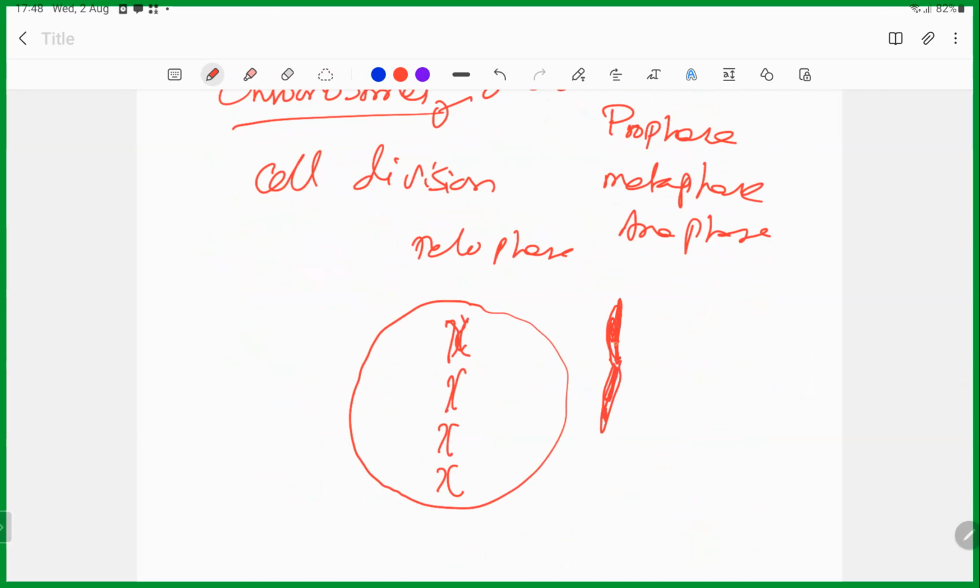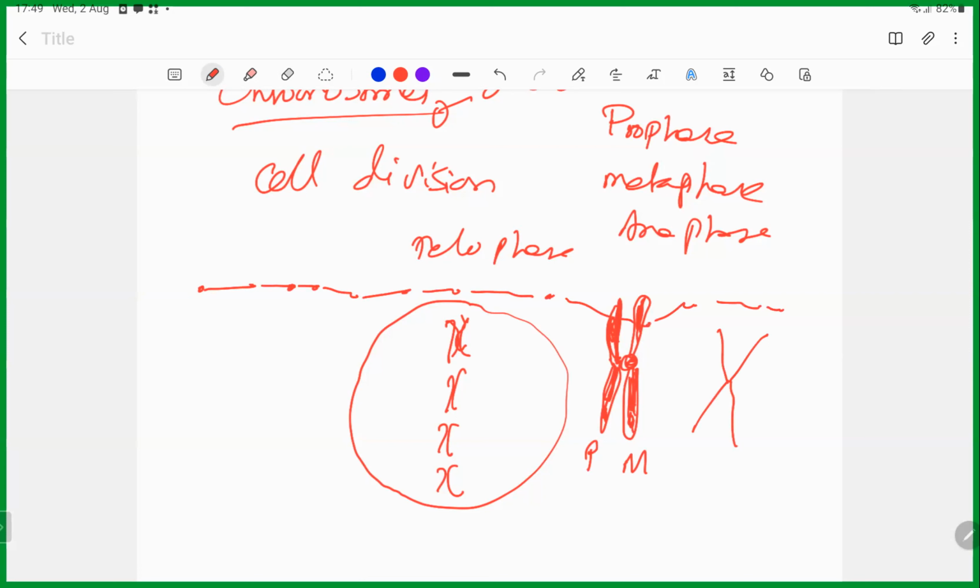Since it is homologous, and one chromosome you get from Appa and one from Amma, you get this X-shaped structure. Can you understand? This structure you get for chromosomes. Otherwise, it is present like this, which we cannot see. Like this only it is present throughout the nucleus.